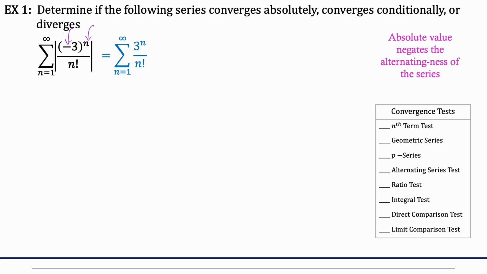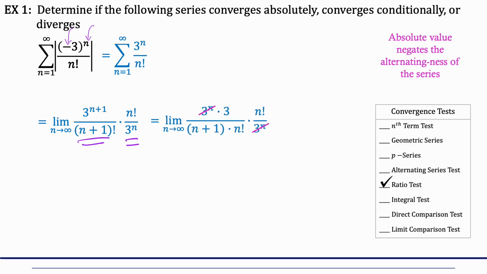So I'm going to bring up this menu of convergence tests, and which one shall we use? It's a bit of a complicated series, so I'm thinking the ratio test, and I'll go through this part kind of quickly. So we'll take the limit as n approaches infinity of the n plus 1 term divided by the n term.